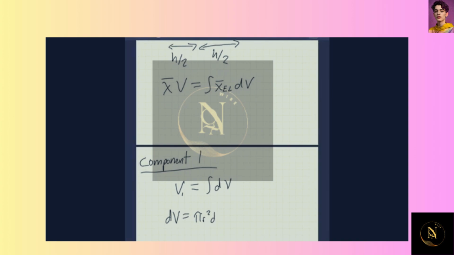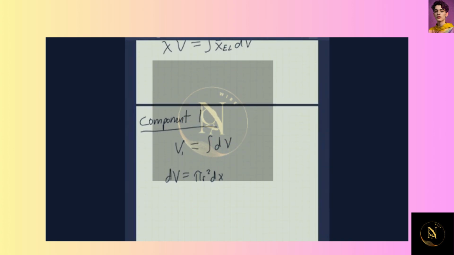And we know that each small disk that makes up the part is equal to the area of a circle times the small change in x for that disk over the entire component. However, we don't know the radius, we just know the height given in this equation. So we must substitute by using the equation of an ellipse.